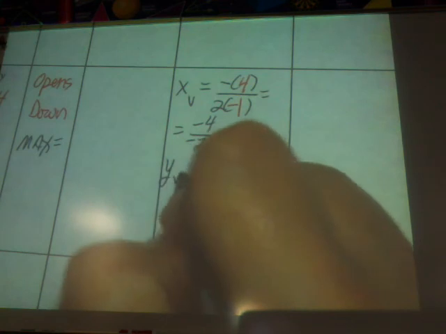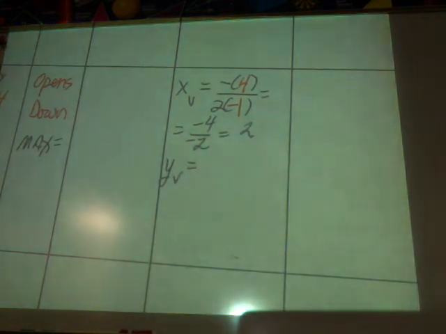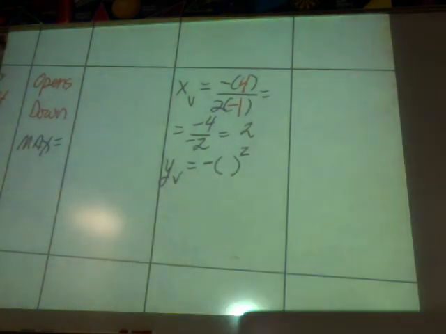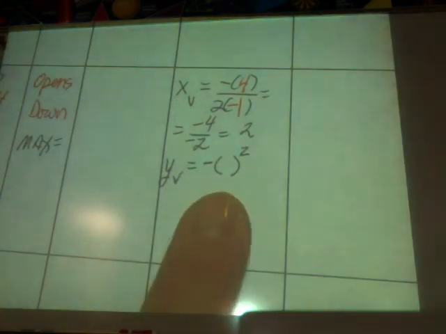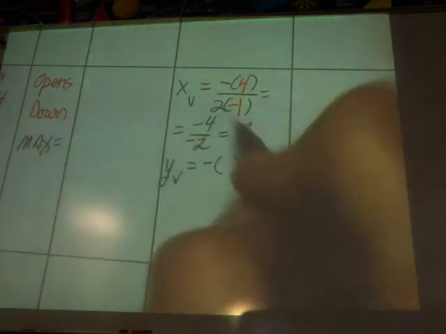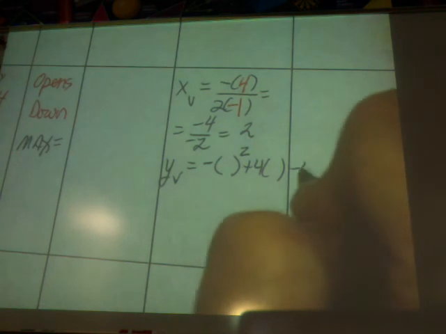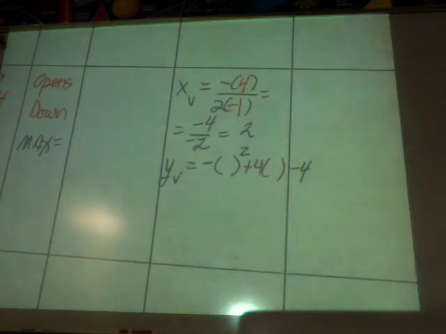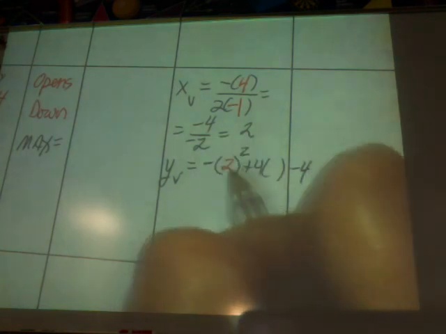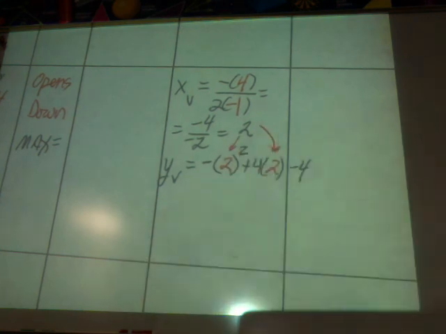So then the y value of my vertex, we're going to plug into the original quadratic. But you have that negative x squared, remember? So negative x squared, I only put parentheses around the x, plus 4x, and then minus 4. So I'm going to take this 2 and put it in here and here.